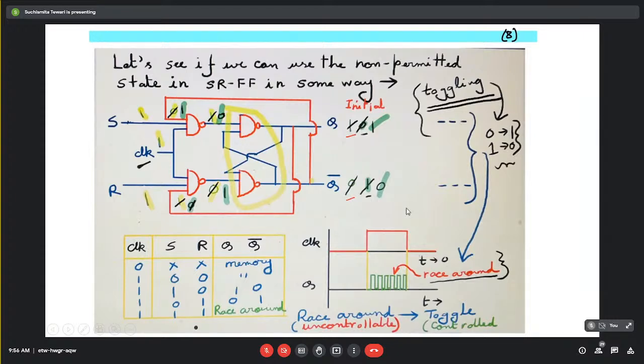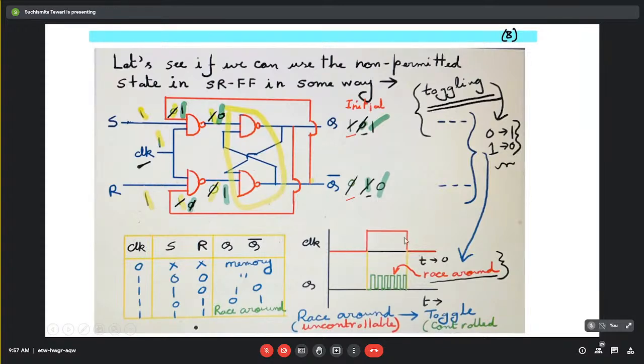Now, can we do some modifications to this circuitry to ensure that this race around condition can be controlled? Suppose we want this change of state to take place once in every clock period. Is it possible?